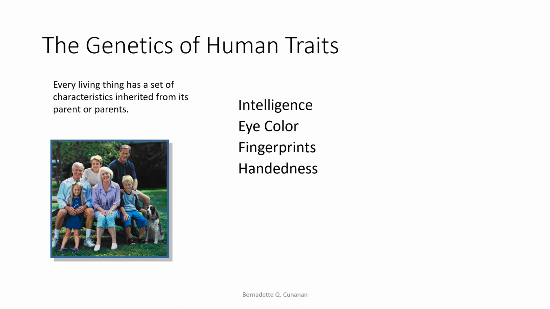Another is handedness. Are you a left-handed person or a right-handed person? We also call this hand preference. This is the tendency to be more skilled and comfortable using one hand instead of the other for tasks such as writing and throwing a ball.